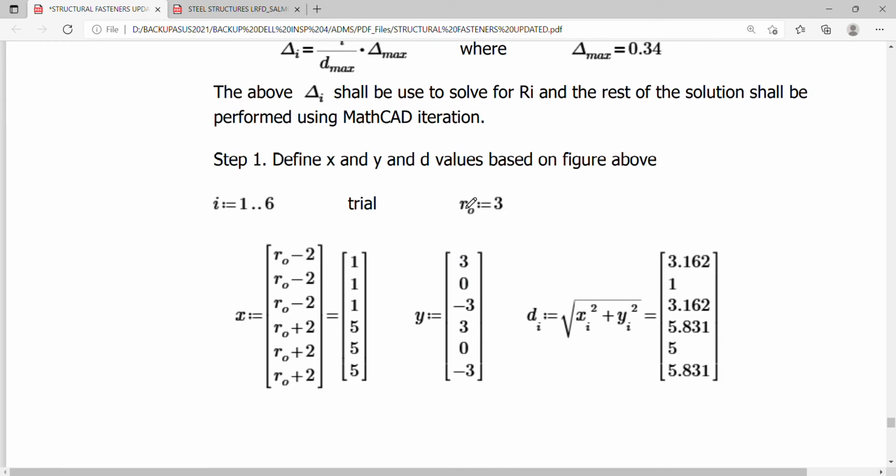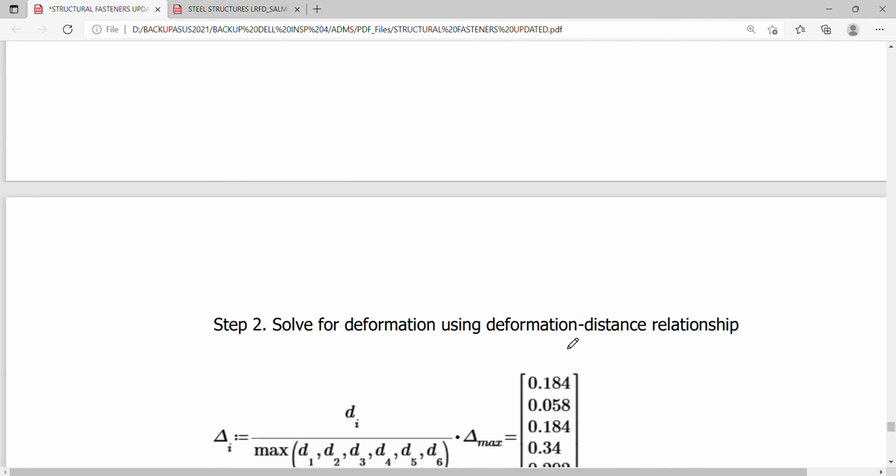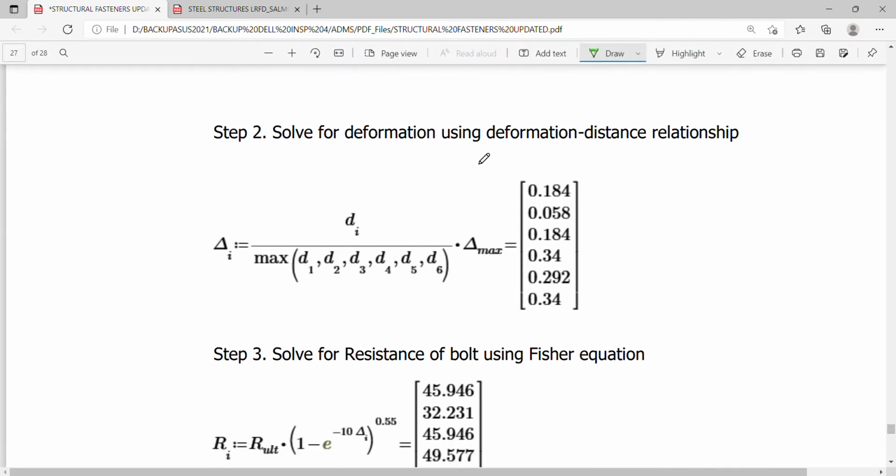So the value of Ro does not affect the y value here, so that your di can simply be solved using the Pythagorean theorem. So solve for the deformation using the deformation distance relationship as implied a while ago. So this is just a ratio and proportion automatically upon computing your di's and getting the maximum of those di's, multiplying it by the delta max, you get your delta i's.